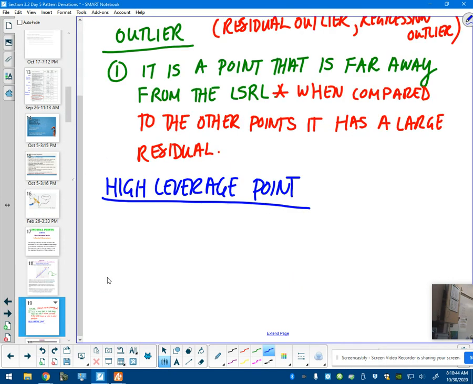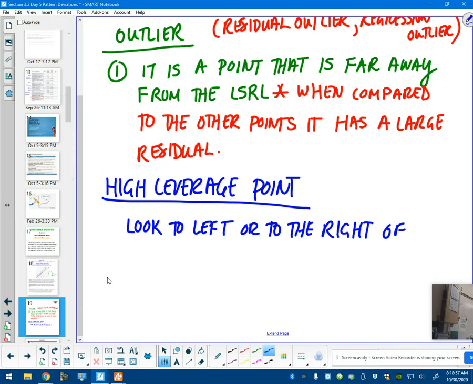So a high leverage point, basically we're going to look to the left or to the right of all the data points.